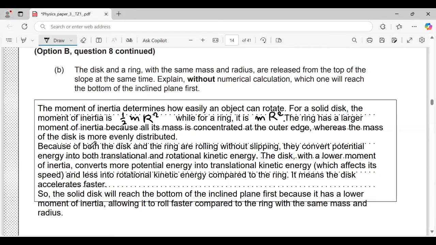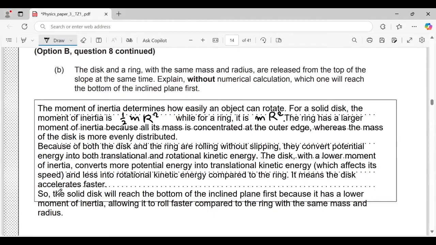Because both the disk and the ring are rolling without slipping, they convert potential energy into both translational and rotational kinetic energy. The disk, with a lower moment of inertia, converts more potential energy into translational kinetic energy, which affects its speed, and less into rotational kinetic energy compared to the ring.